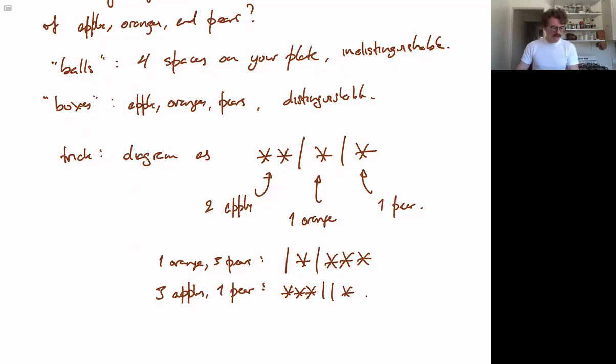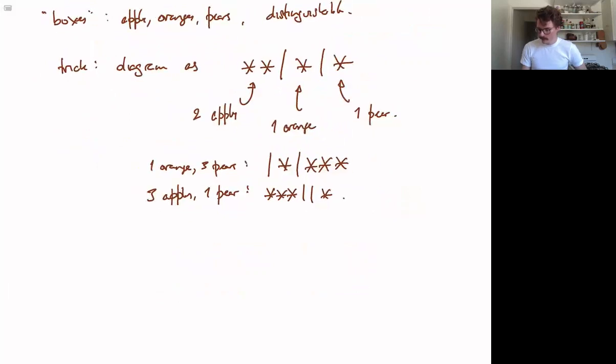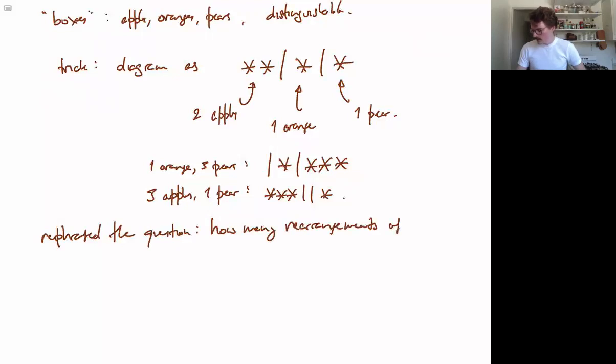So the significance of this trick is we've rephrased the question: how many rearrangements of, let's see, we have 4 stars and 2 bars.